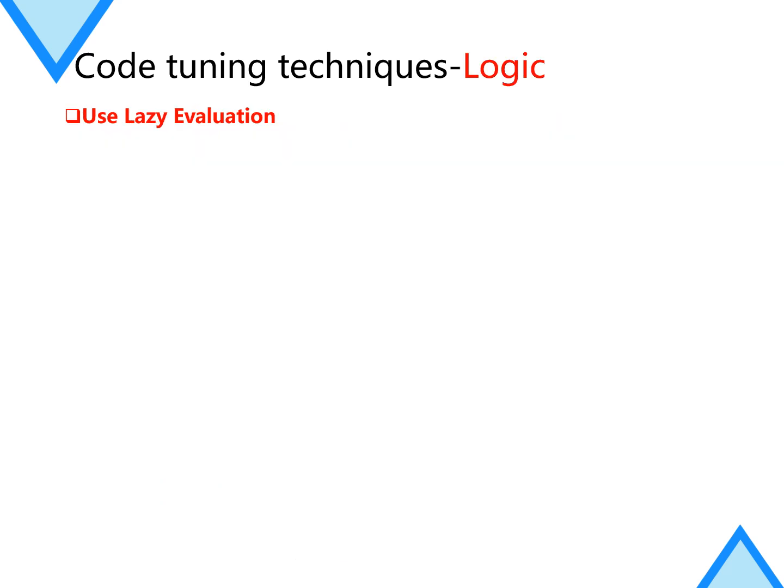The last technique related to logic is to use lazy evaluation. The writer of the book Code Complete writes that he learned this technique from the behavior of his friend. His friend was very lazy. He didn't want to do something until he critically needed it.